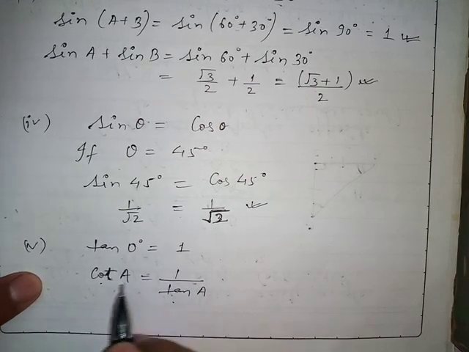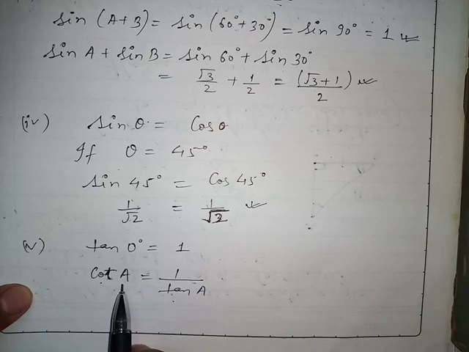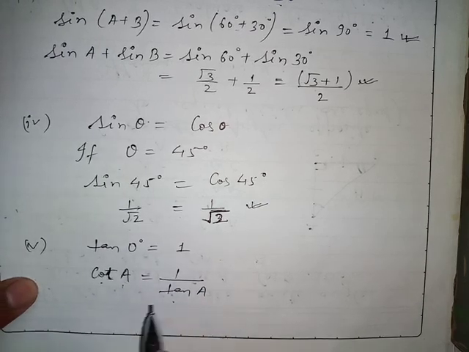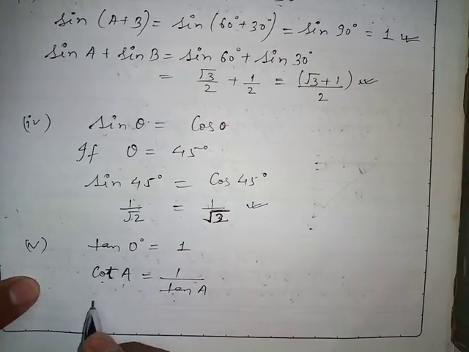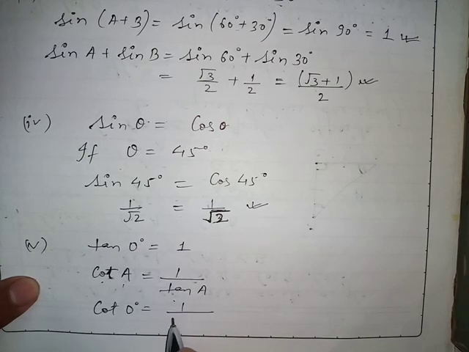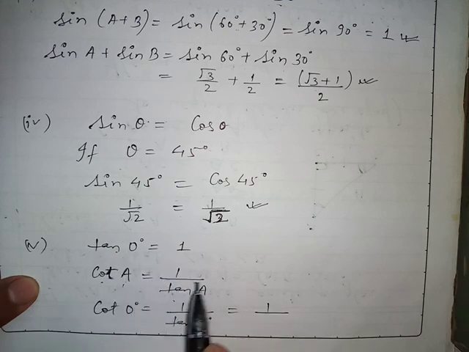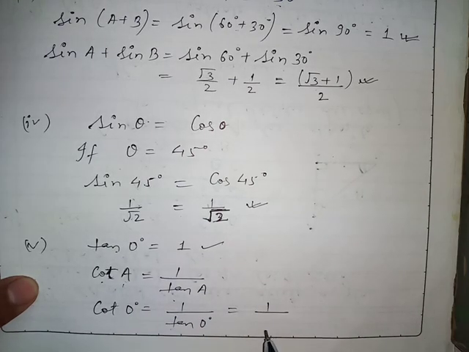So you have to find this for the angle 0 degrees. So I can write cot 0 degrees is equal to 1 by tan 0 degrees. So what will it become? The value of tan 0 is 1, so I can write here 1.